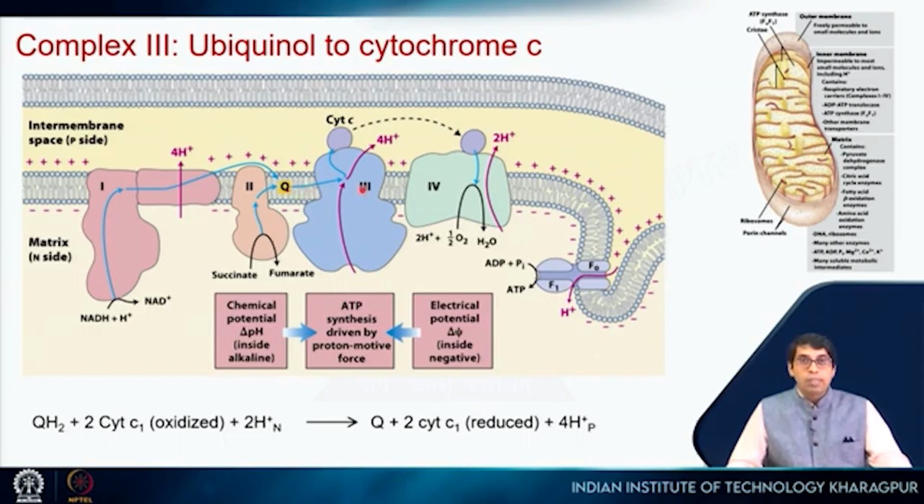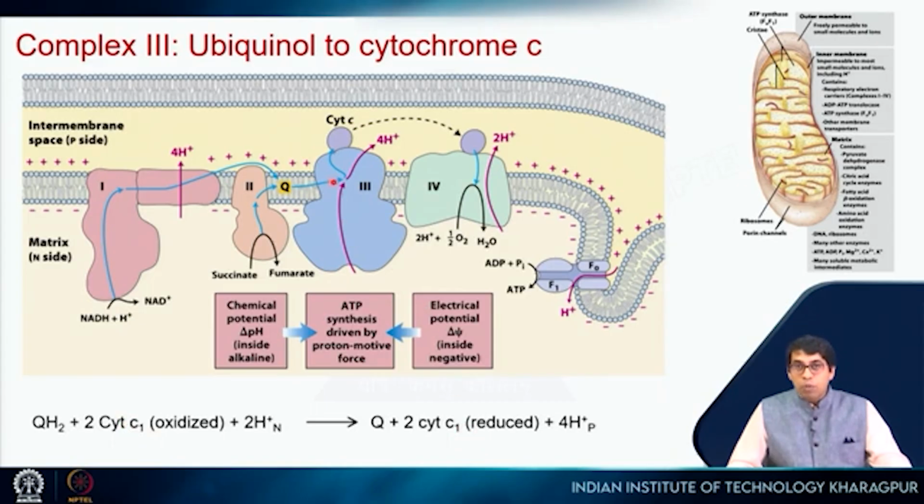Now complex 3 comes. So ubiquinone has been reduced to ubiquinol. Complex 3 will take the electrons from ubiquinol and transfer them to cytochrome C, right? So ubiquinol will be converted back to ubiquinone. The oxidized cytochrome C1 becomes reduced cytochrome C1.